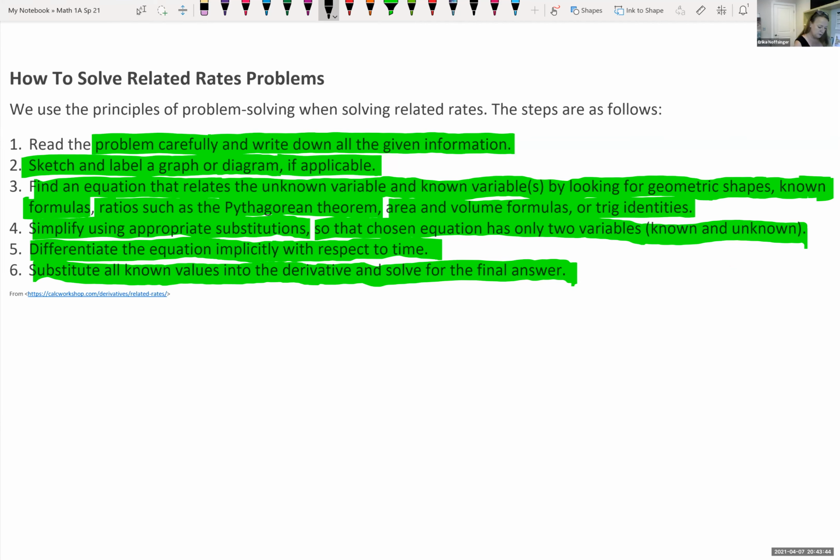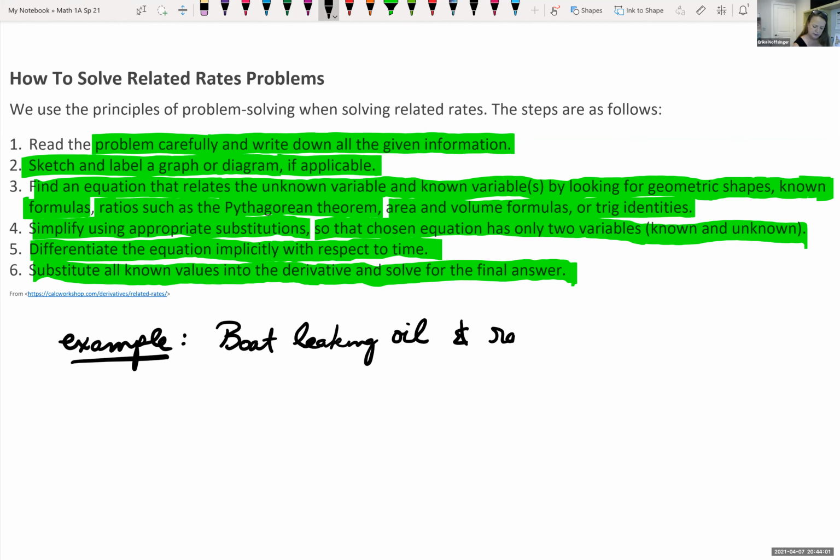So we have a boat that's leaking oil, and the radius is growing at a rate of 3 feet per second.